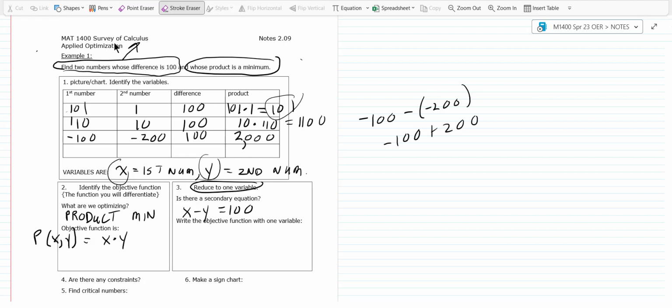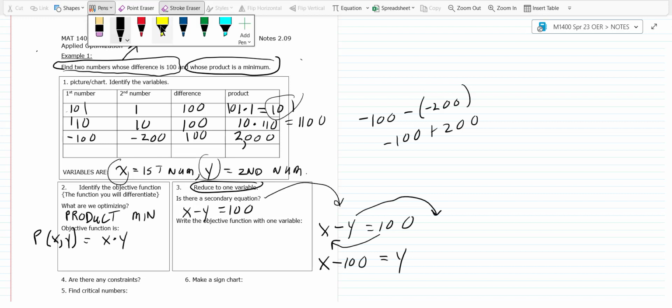Now, to get the objective function to one variable, you have to take that secondary equation and solve it for either variable. It's up to you which variable you solve it for. I'm going to choose to solve it for y, so I'm going to move the y to the right side and the 100 to the other side, so I'd have x minus 100 is equal to y. Okay?